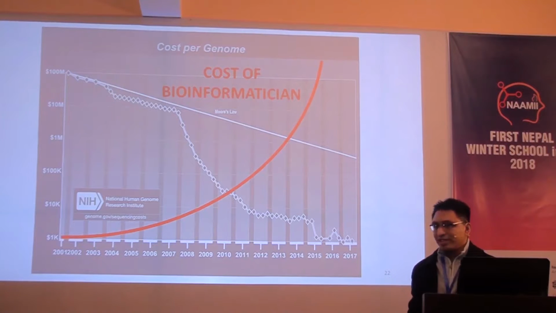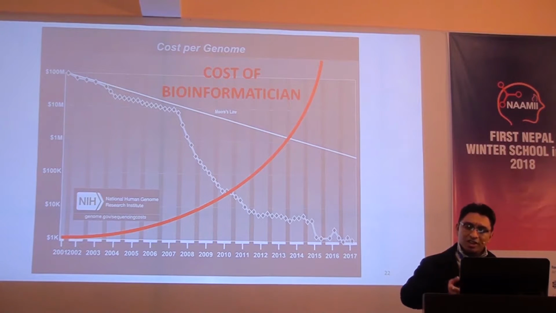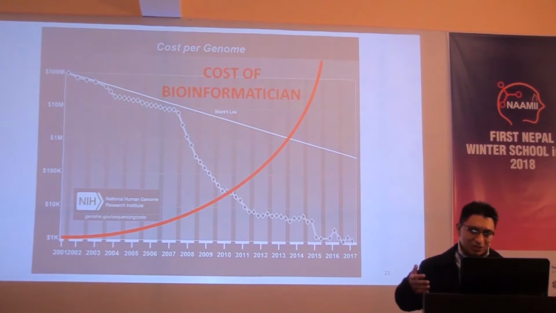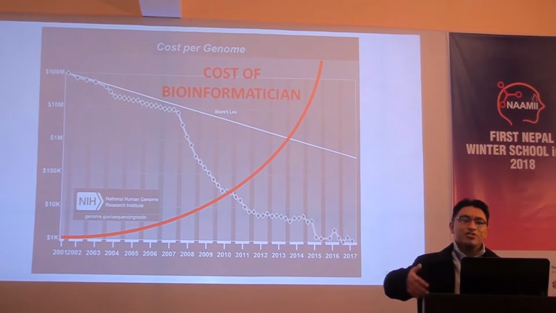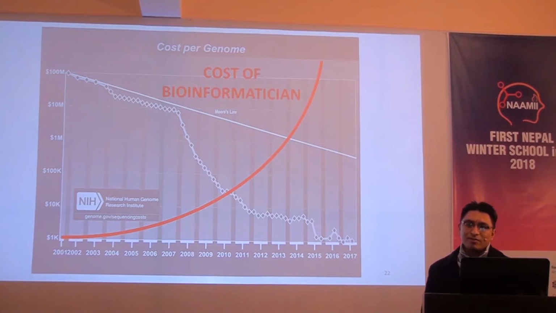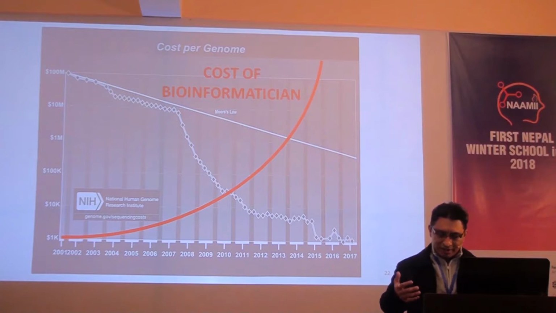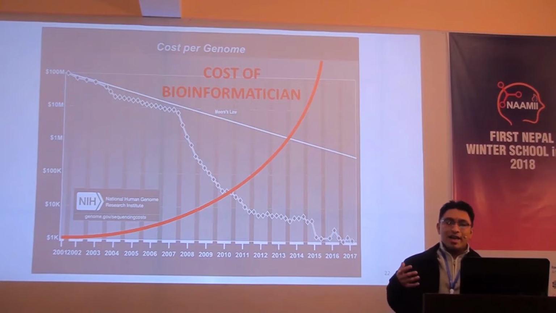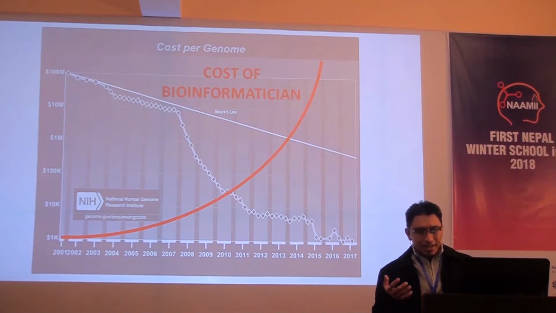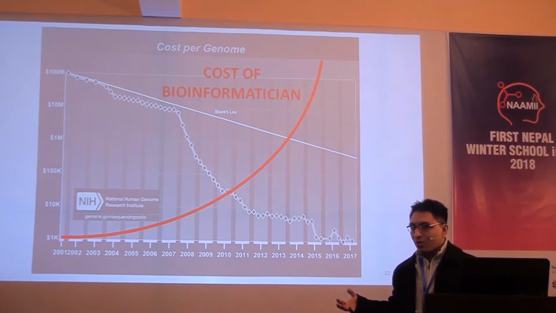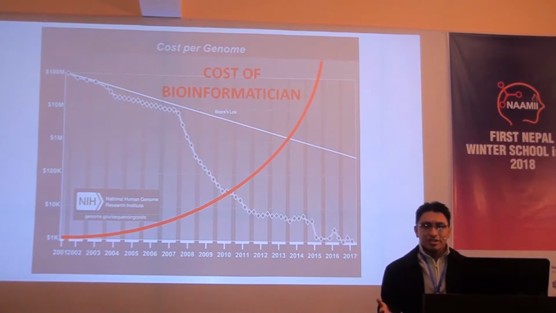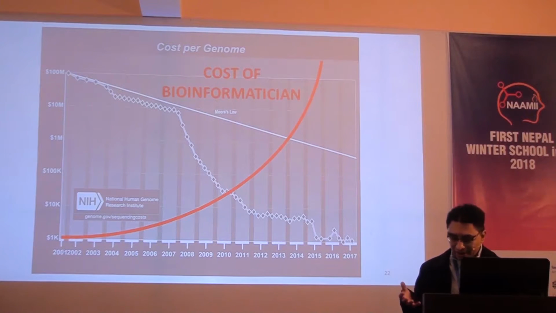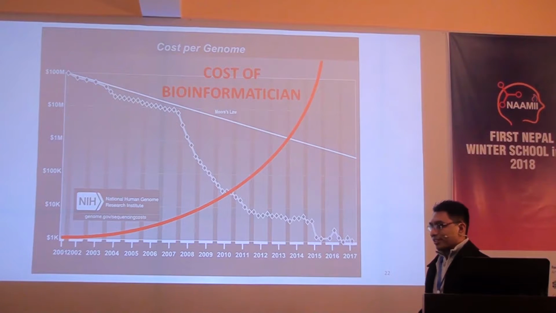The investment put into the field of bioinformatics keeps growing, and that is triggering all the developments in the field. Computer scientists are coming up with very awesome algorithms to tackle different questions in biology. The investment in bioinformatics is growing tremendously, and there is a tremendous amount of career opportunities in this field.